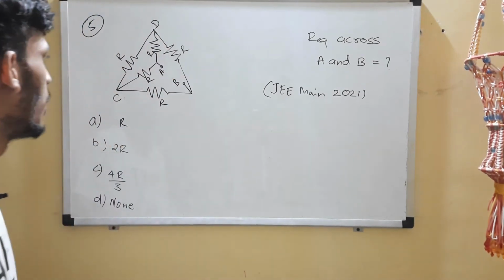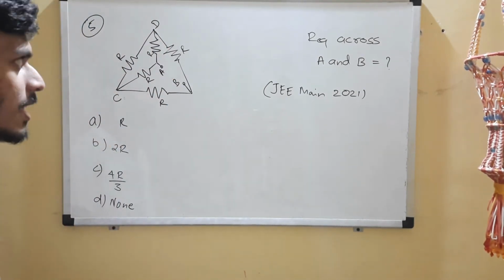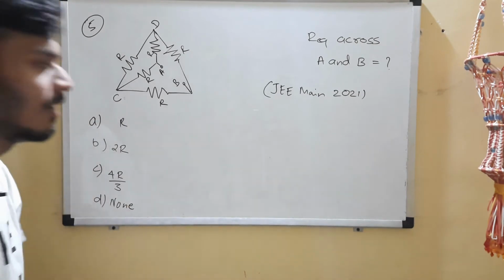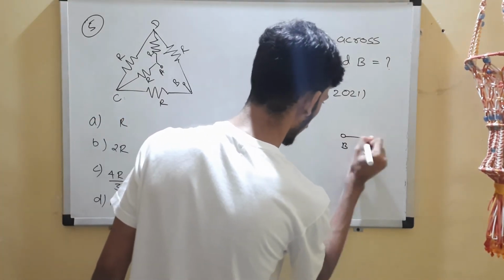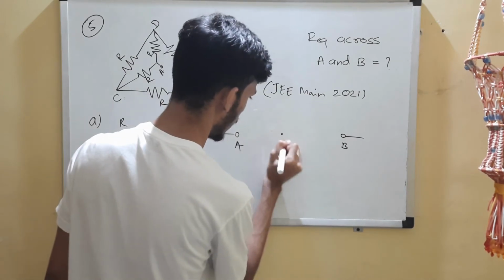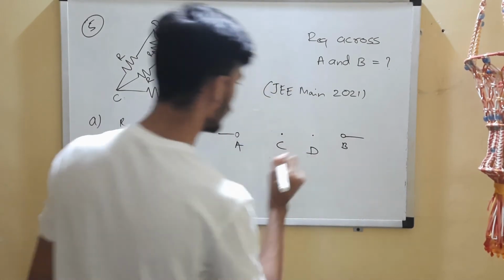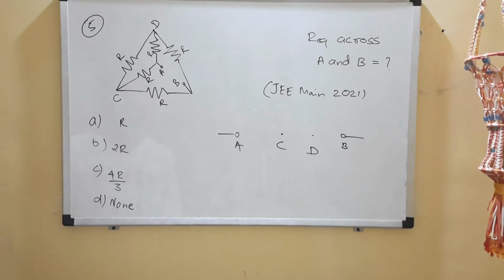Now step 2 is to draw a simple circuit. Keep in mind that A and B will be the terminals. So A is over here, B is over here, and C and D will be somewhere in between. Let's draw the simple circuit now.